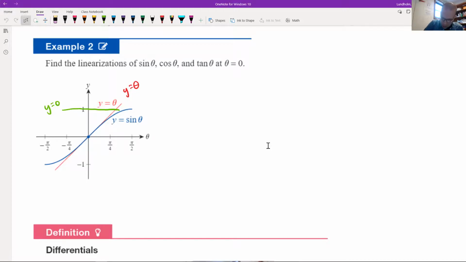So if we take the derivative of tangent with respect to theta, we would get secant squared theta, and when we find secant squared of 0, that's just going to be 1 because secant is 1 over the cosine, and cosine is 1 when theta equals 0.